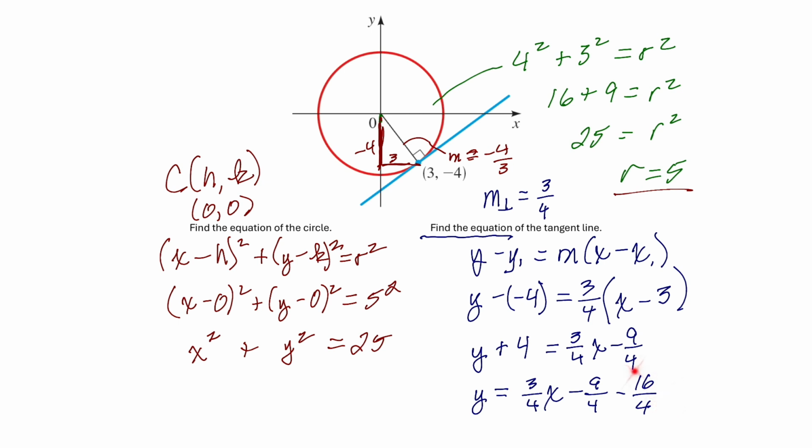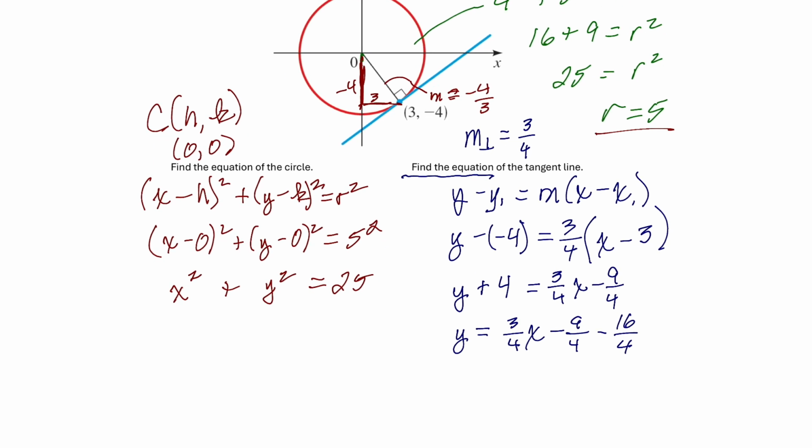So here's my negative 9/4, and then I move this 4 over to the other side, but I disguise it as negative 16/4. So then I go ahead and write my final equation. y equals 3/4 x minus 25/4, because negative 9 take away another 16 is negative 25. But again, you could just leave it at this or this.